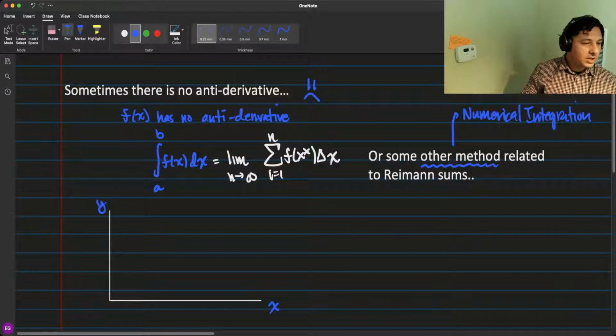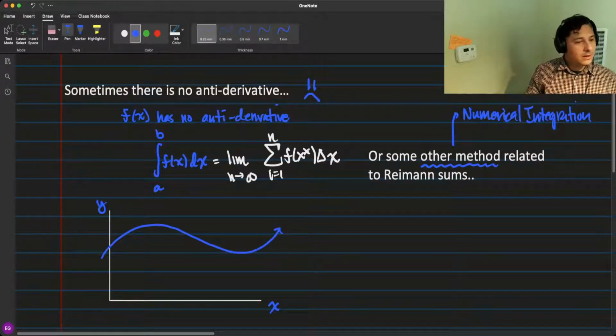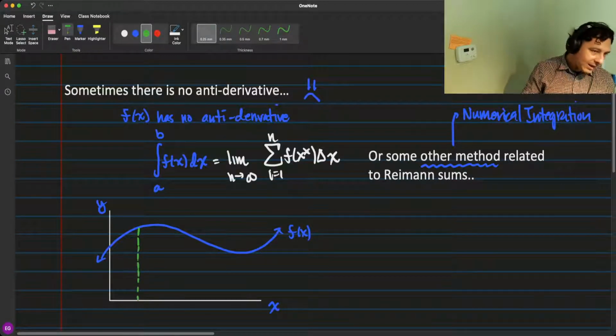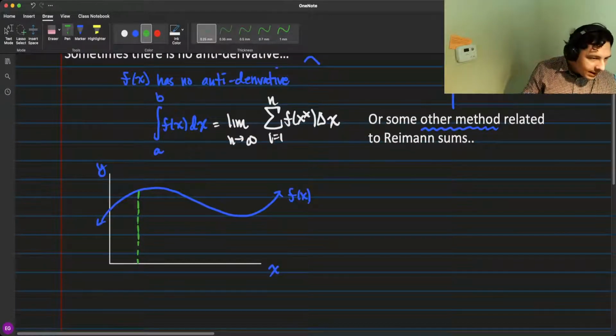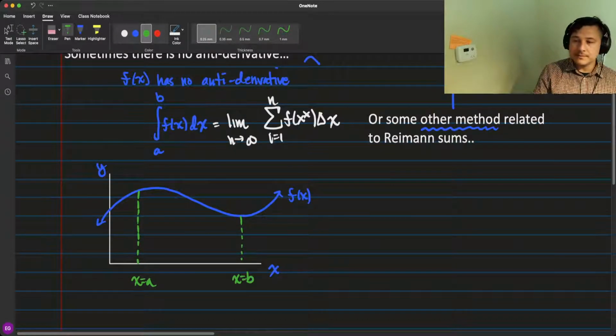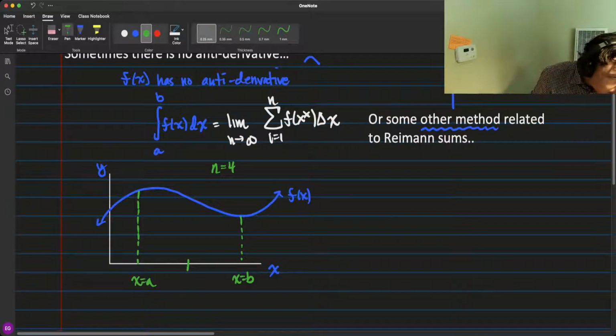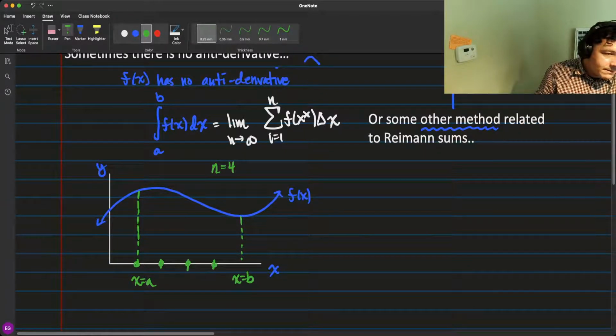So let's say you have some function f of x, and you want to integrate from x equals a to x equals b. And let's just do the example where n equals 4. So you can see my little points right here on the x-axis to make my rectangles.